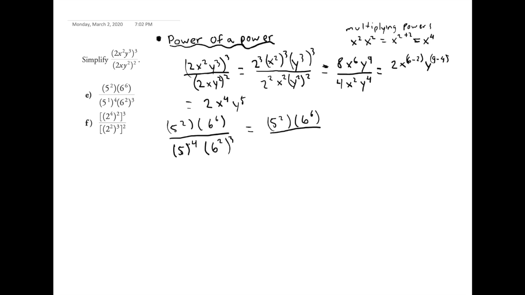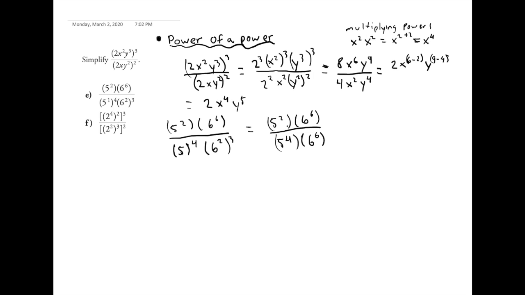So it's going to be 1 times 4 there, which is 4, right? 5 to the power of 4. And then we're going to have 6 squared to the power of 3. So that's just going to be 3 times 2, as we said. So it's going to be 6 to the power of 6, right?